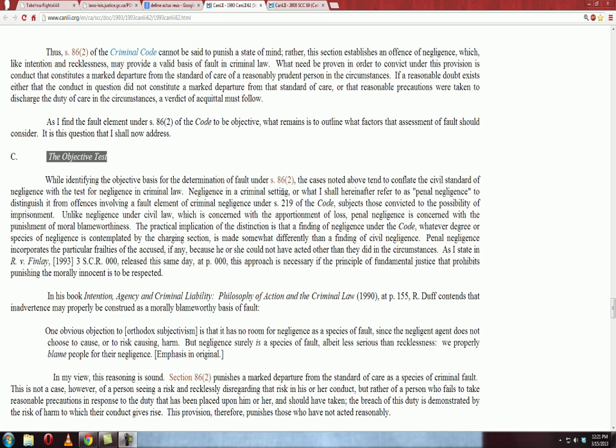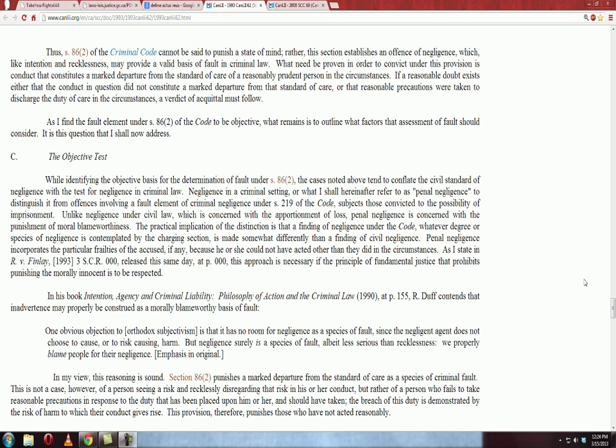Negligence in a criminal setting, or what I shall hereinafter refer to as penal negligence, to distinguish it from other offenses involving a fault element of criminal negligence under Section 219 of the Code, subjects those convicted to the possibility of imprisonment. Unlike negligence under civil law, which is concerned with the apportionment of loss, penal negligence is concerned with the punishment of the moral blameworthiness.